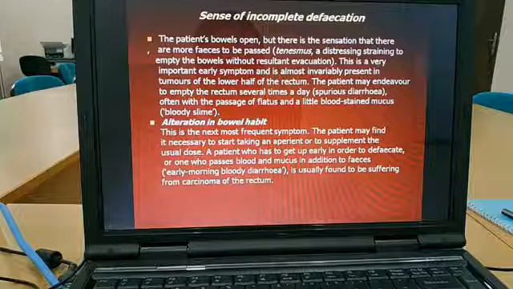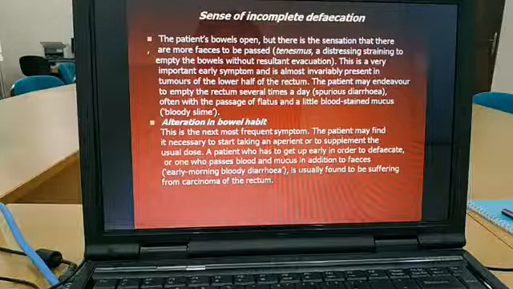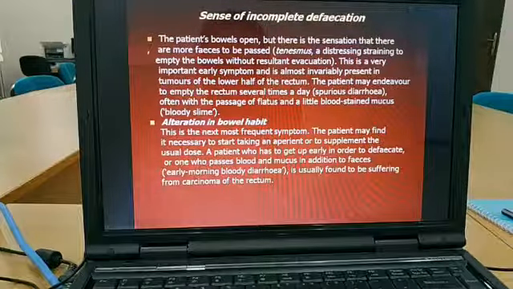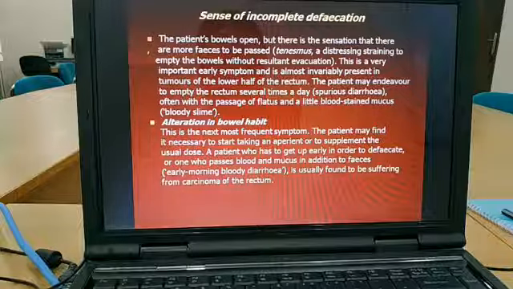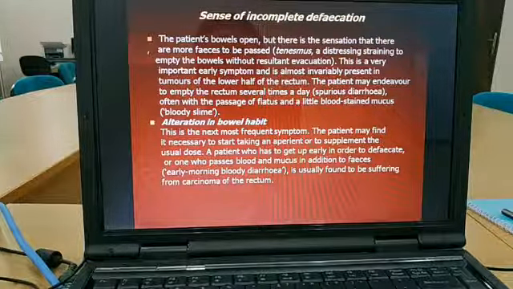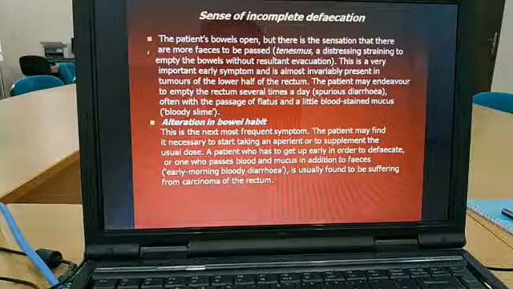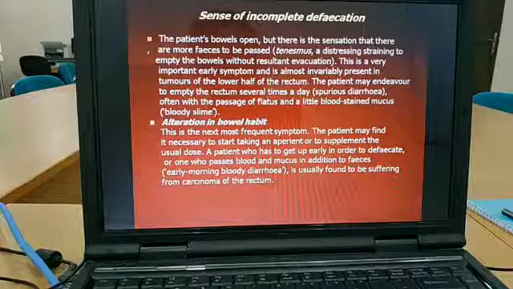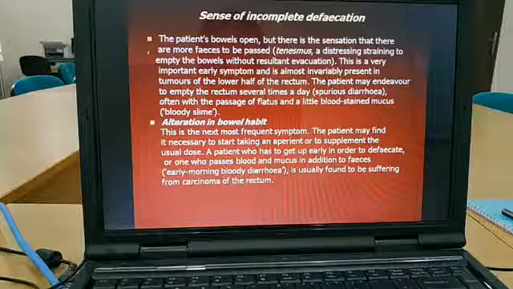So, what is alteration of bowel habit? Say, for example, a patient has a regular habit of passing stool once in the morning. Suddenly the patient develops a change in this rhythm. And again, if the patient complains of a few days of diarrhea and a few days of constipation, we again call this alteration of bowel habit.